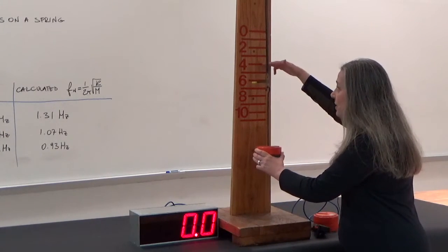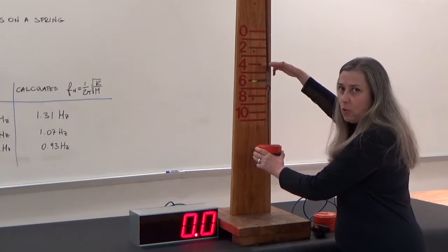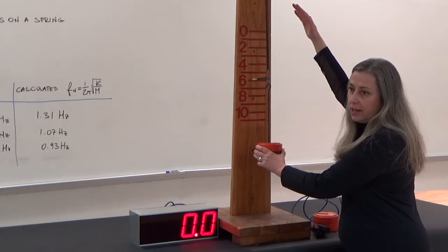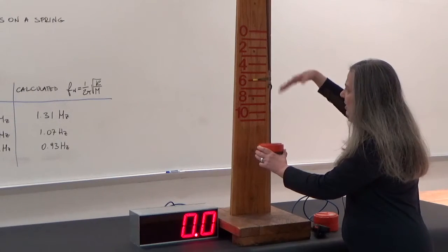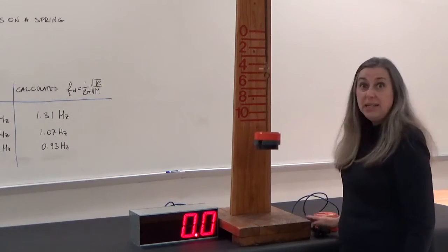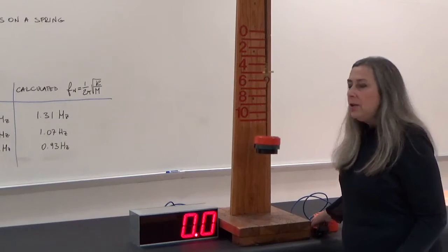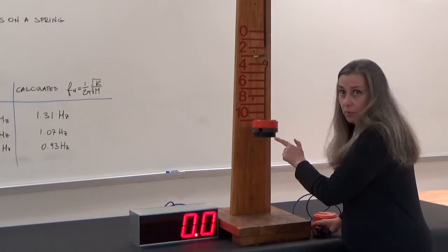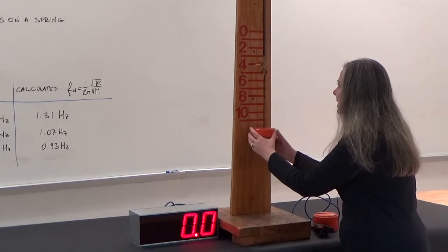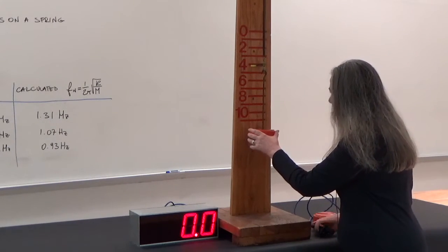Because of inertia, it's not going to stop at 4, it's going to keep on going up. Then gravity will slowly decelerate it until it stops at the top, and it will keep bobbing up and down around the rest position, the equilibrium position at 4, which is determined by this mass. So let's get started. I displace it to 6.